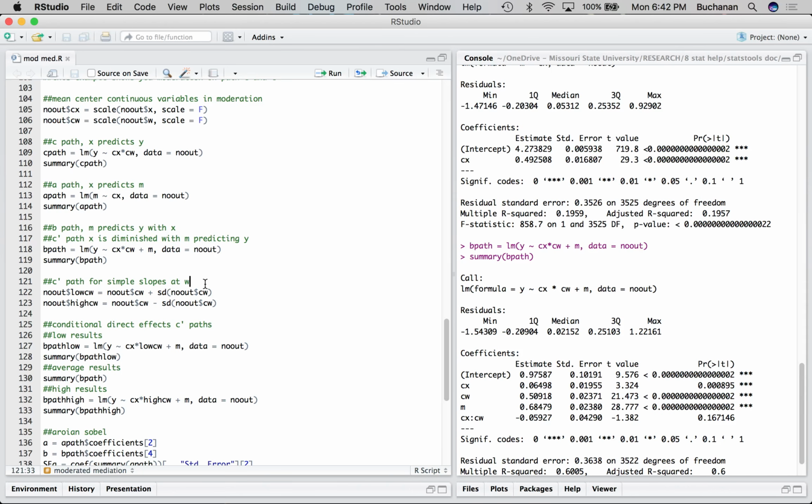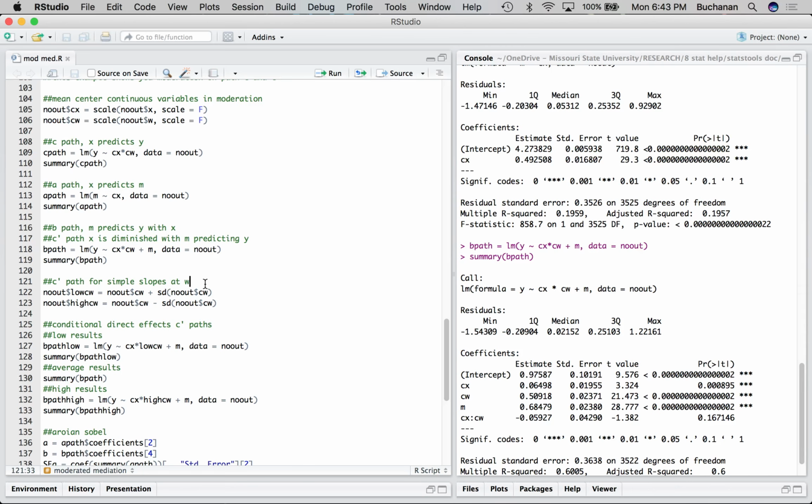For the low, we shift everyone, the entire data set, up to the middle and see what happens to them. For the high group, we shift them down now to the middle and see what happens to them. So we're shifting the distribution of W around here and seeing what happens to X. We're just moving that data set up and down.